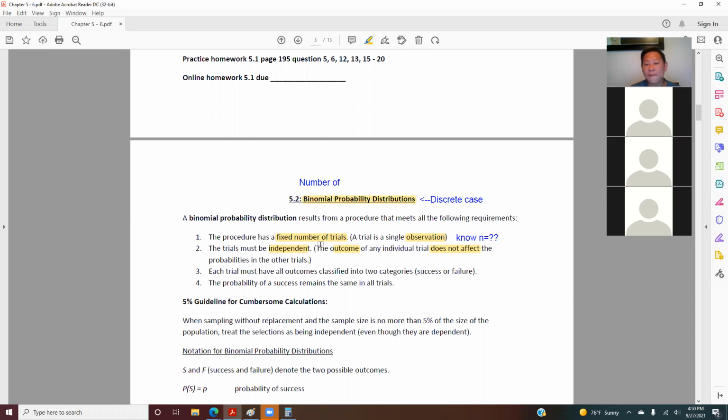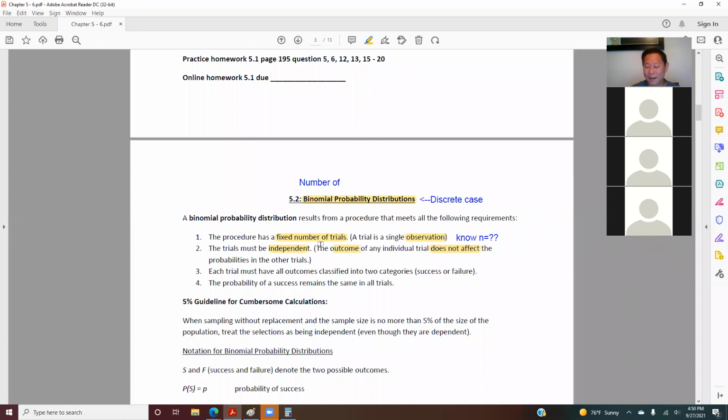It doesn't mean that if you have 4 girls, then the chance of getting a boy for the 5th one is really high. A lot of people have that kind of thought: you got girl, girl, girl, girl, so the 5th one is going to be 100% boy.